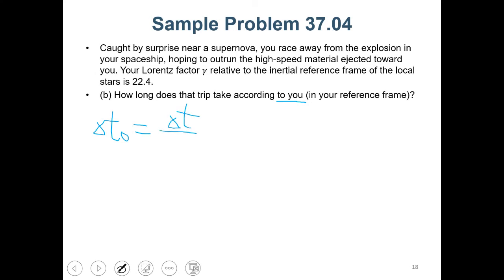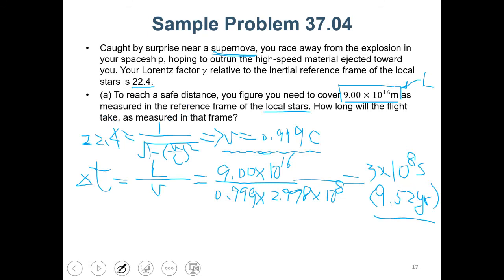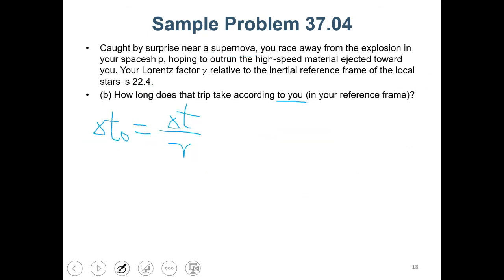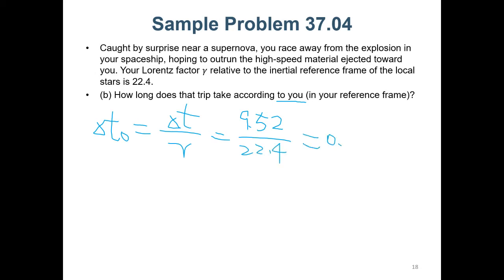So we can just divide the delta t by gamma, then it will be the proper time. So it will be 9.52 over 22.4, which is 0.425 year.